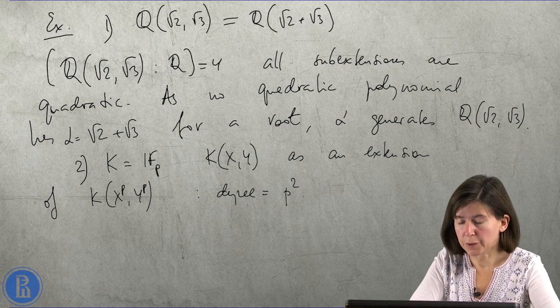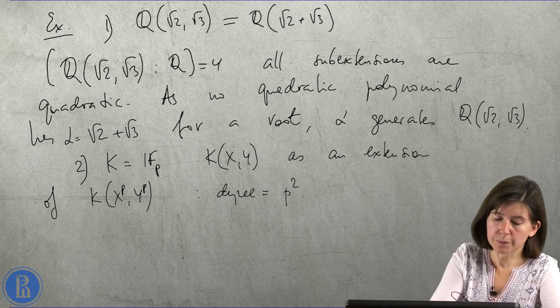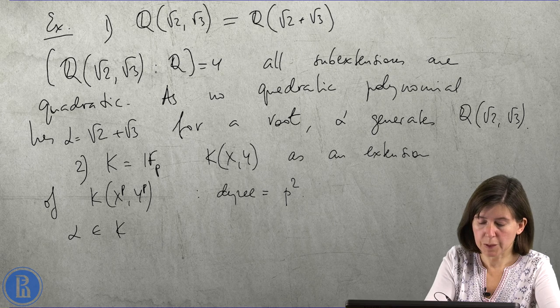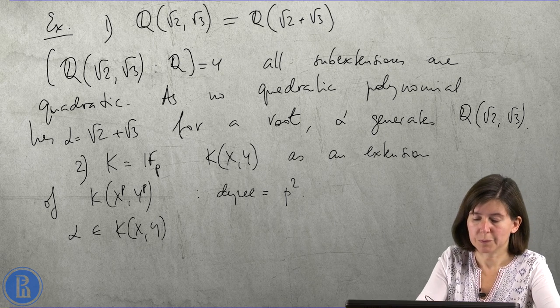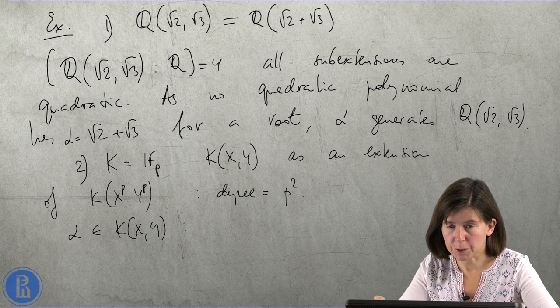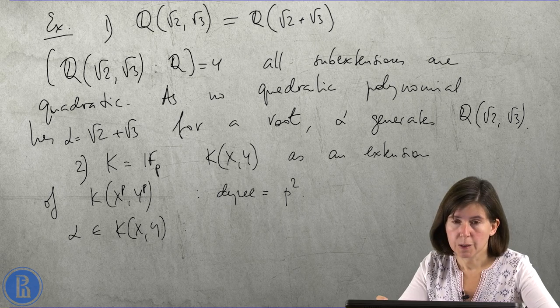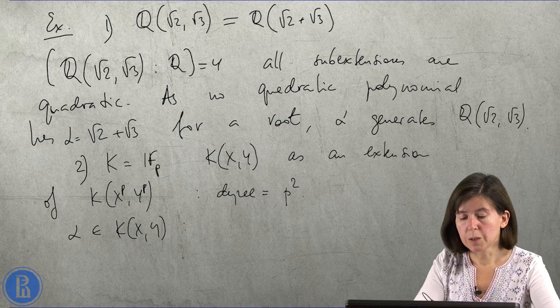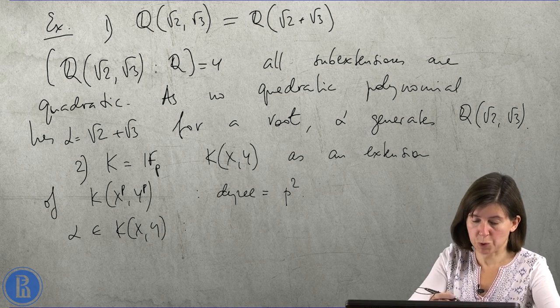Now, if you have any alpha in k(x, y), of course, this is purely inseparable of degree p over k(x^p, y^p), if it's not already there.